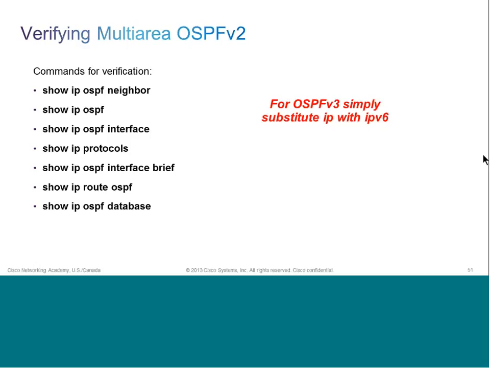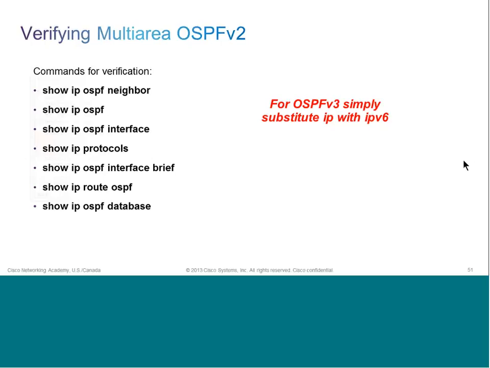And don't forget, if you're running OSPF version 3, simply substitute IP with IPv6. So anywhere you see IP, just put IPv6. So let's take a look at a couple of them. We're not going to look at all of them, but we're going to take a look at some of them.